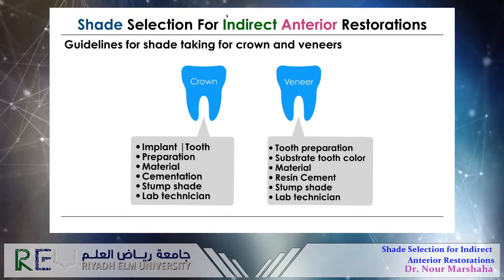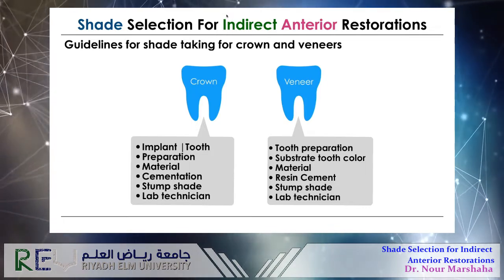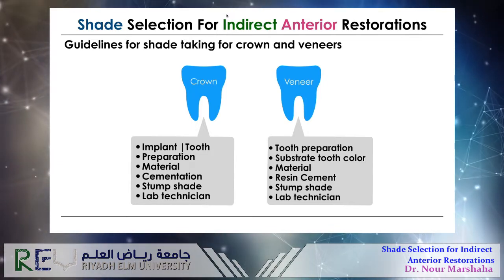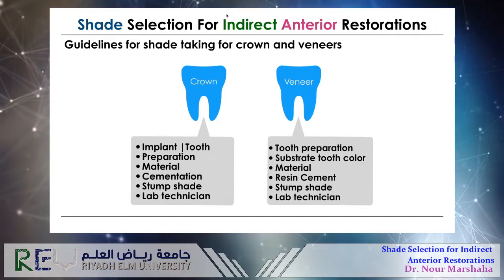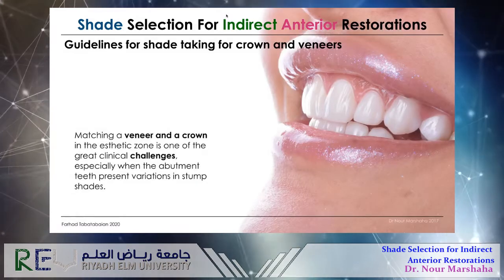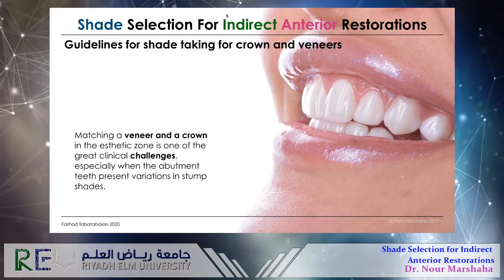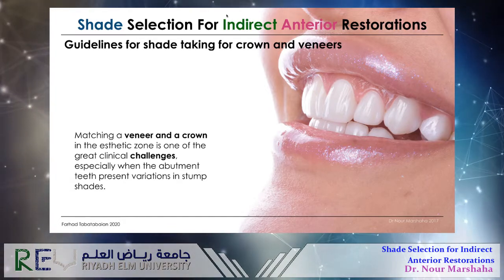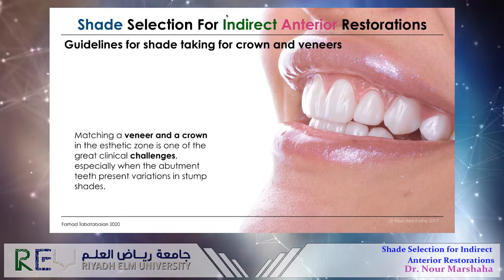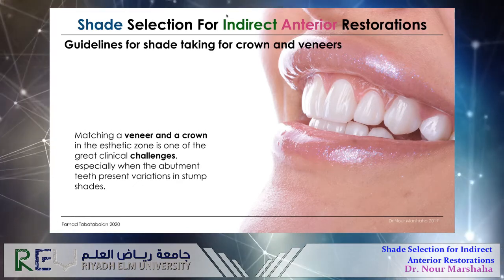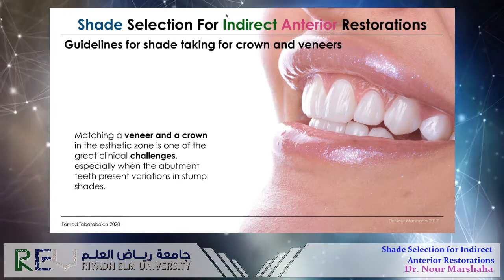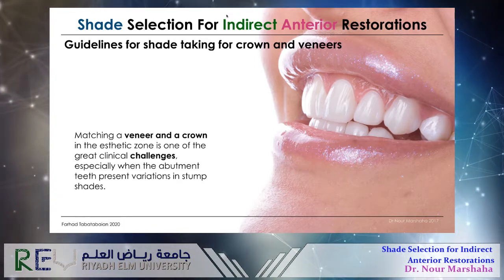We have to know the tooth preparation of the veneers and the substrate color, the preparation of the crown, the materials, the cementation that we have to use, also the stump shade and the lab technician. Matching the veneers and the crown in the aesthetic zone is one of the greatest challenges, especially in the anterior teeth.